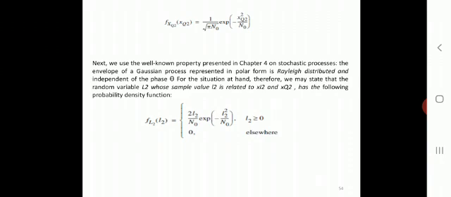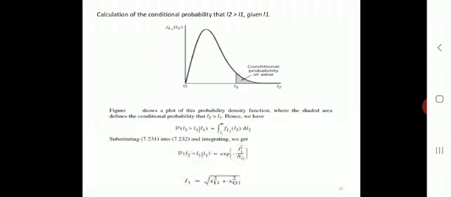So these derivations use some predefined formulas. Here we consider these and derive this equation. Next, the calculation of the conditional probability that L2 is greater than L1, given L1, that is the conditional probability of error.